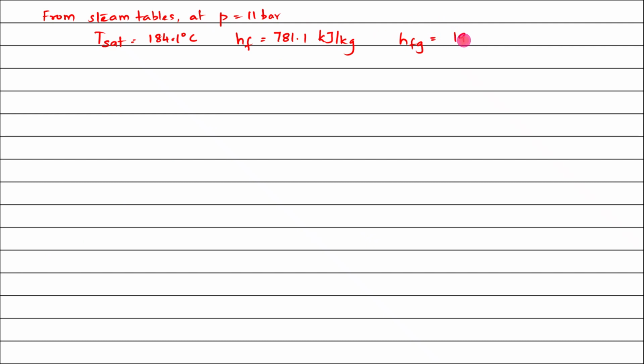Then the latent heat of vaporization is 1998.6 kilojoule per kilogram. And then the enthalpy of saturated steam is 2779.7 kilojoule per kilogram. So these are values which are just taken from the steam tables.